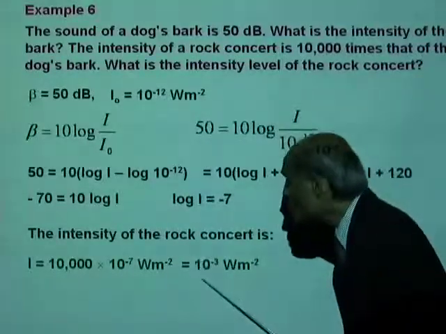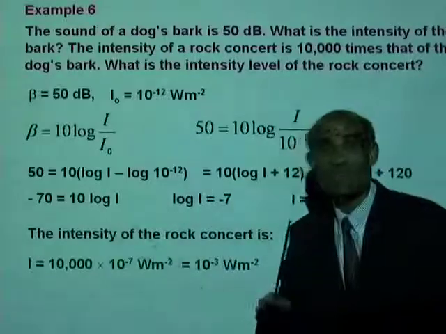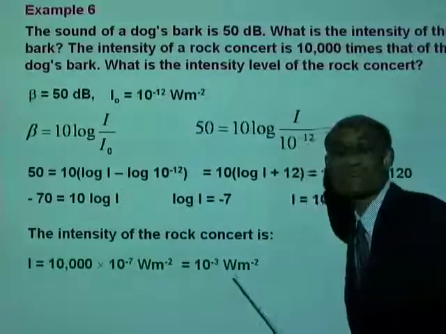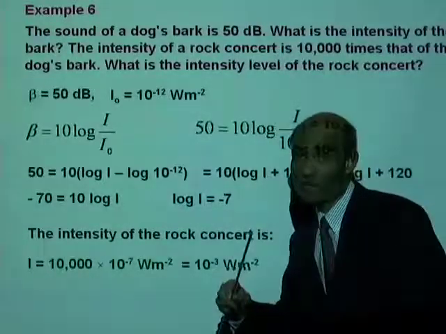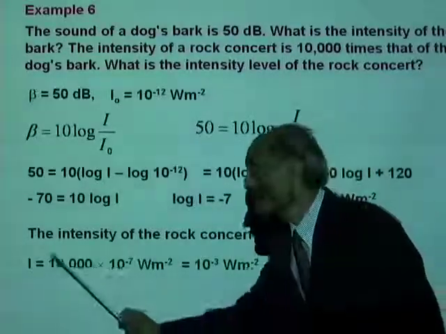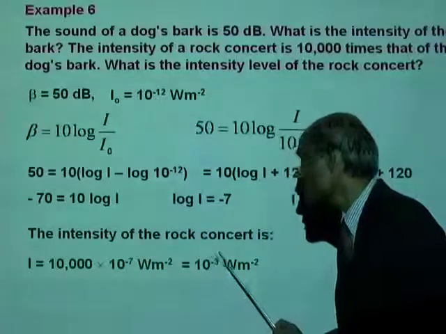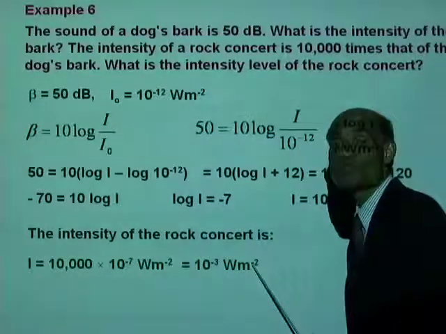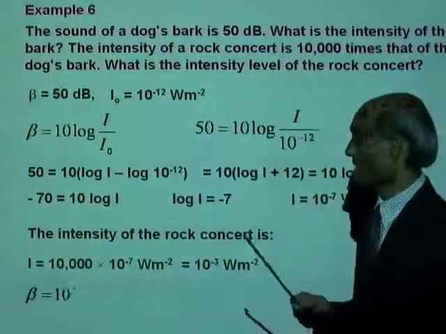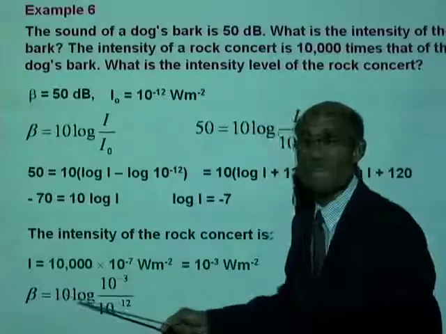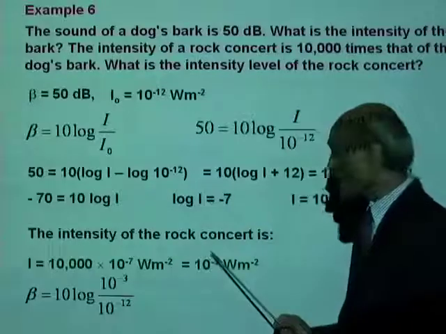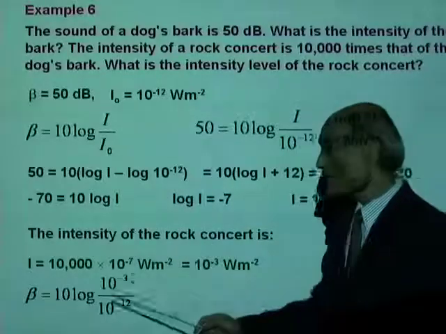And now you need to convert this to a decibel value, or find the intensity level of this intensity value. Again, I remind you, don't confuse intensity and intensity level. Here I equal to 10 to the negative 3 watt per square meter. We need to find the corresponding intensity level. Beta equal to 10 log I over I0. I here is 10 to the negative 3.